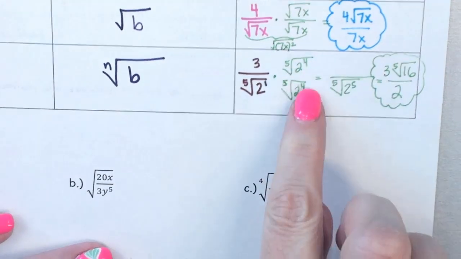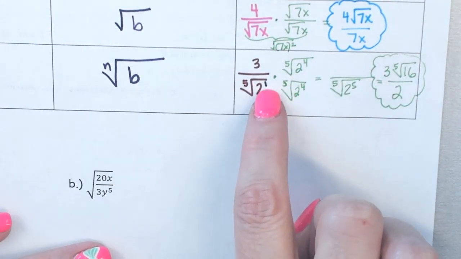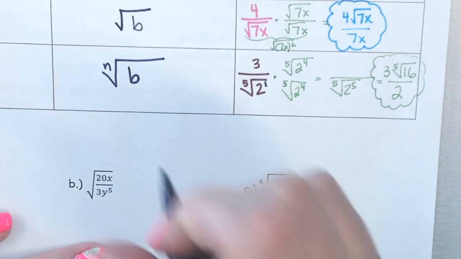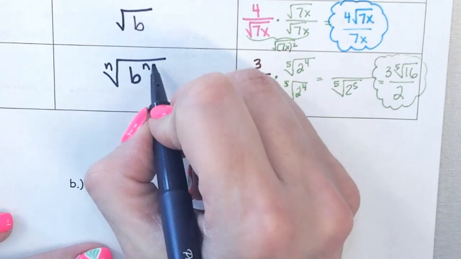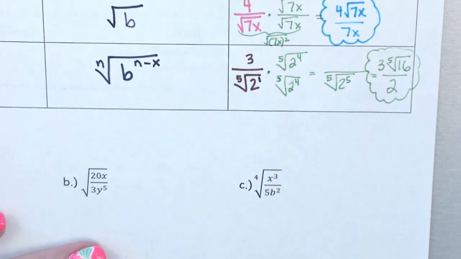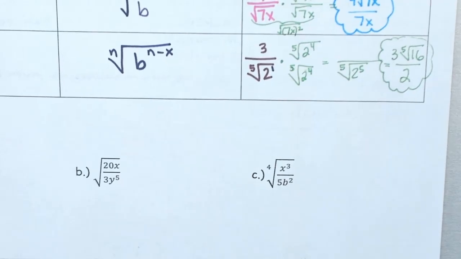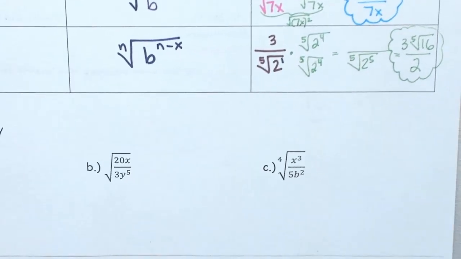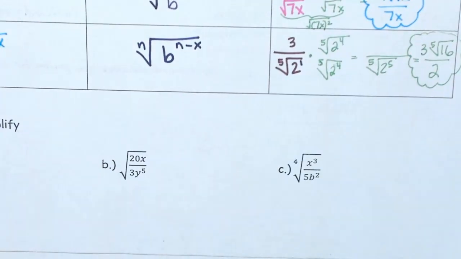Okay, so if this is 4, can you see how this is just 5 minus 1? The 5 we call the n value. This we would call the x value. So you just do to the power of n minus x. In that case, 5 minus 1, we know we're going to multiply to the 4th. And if you have 2 different exponents, like with a variable, you're going to use that as well.